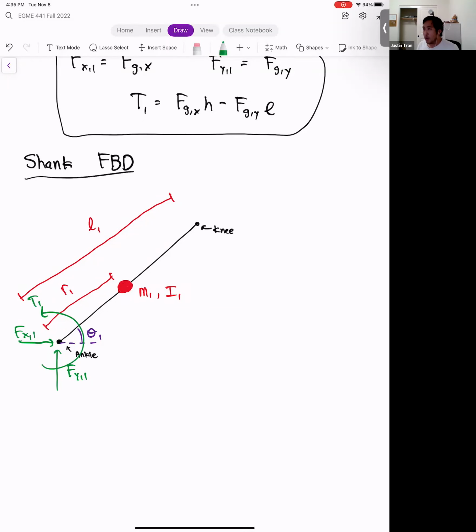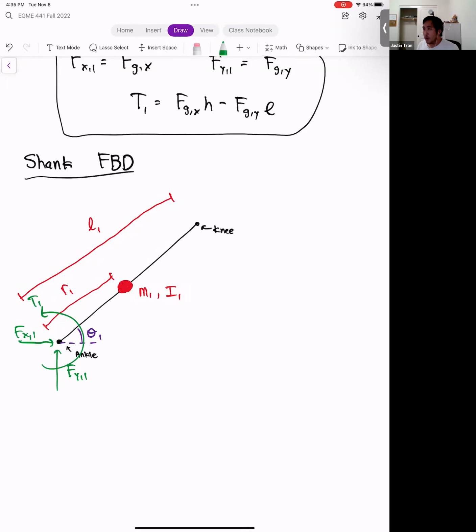Then we're going to have the same thing at the knee, except we're going to label it differently: fy2, fx2, and then t2.